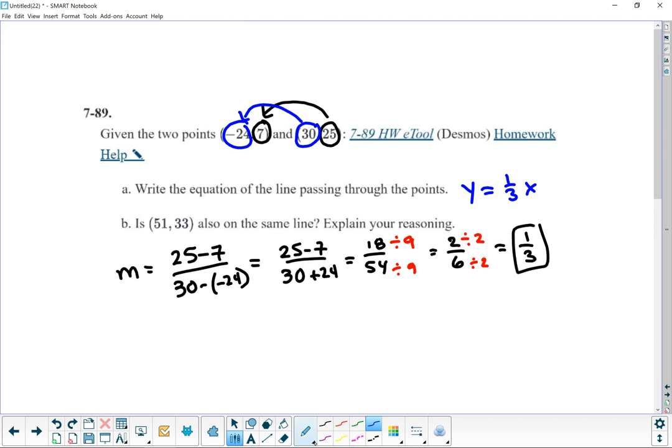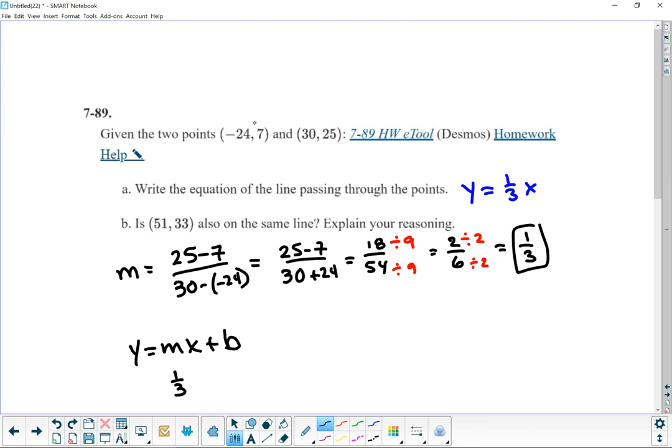Now that we have this, we're going to go ahead and try to find the y-intercept. Okay, and the y-intercept, you're going to find it by using y equals mx plus b. You're going to use the m, which you found out was 1/3. So you're going to put 1/3 for the m.